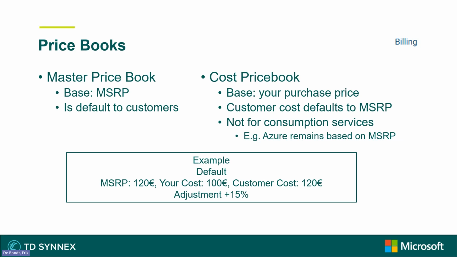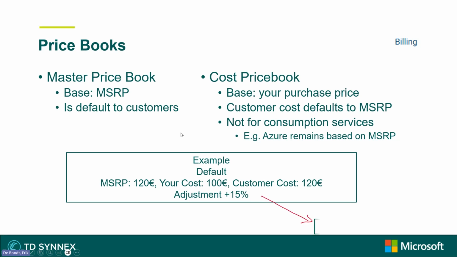So the default, the MSRP, imagine it's 120 euros. Your cost is 100 euros, giving you basically a margin of 20%. And your customer cost is 120 euros. So that's what's basically defined today in the master price book or in the cost price book. Let's put an adjustment of 15%.